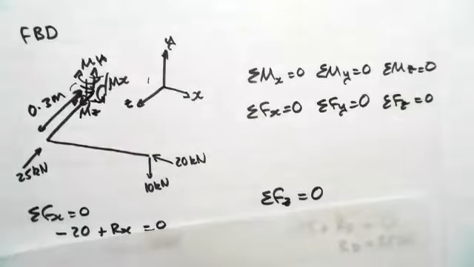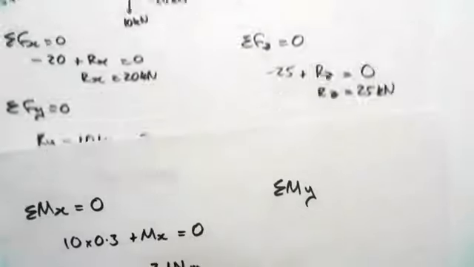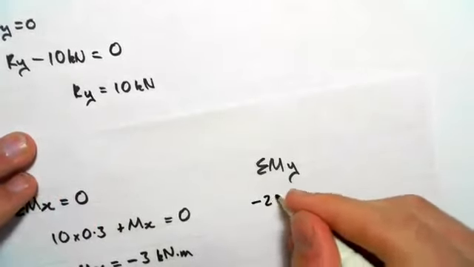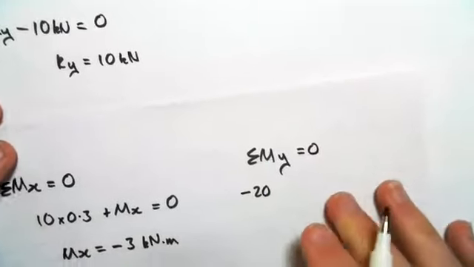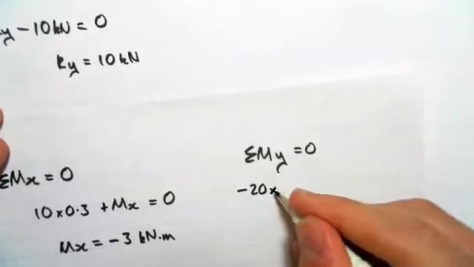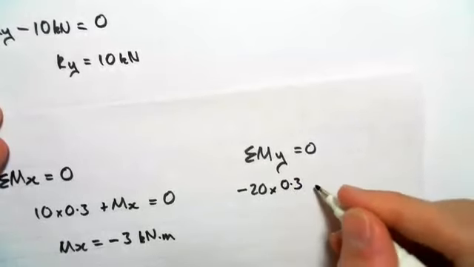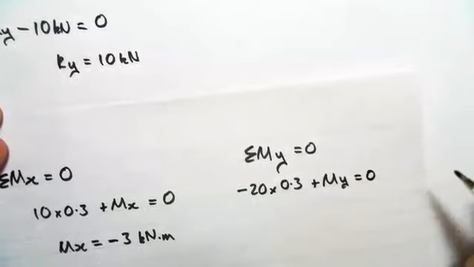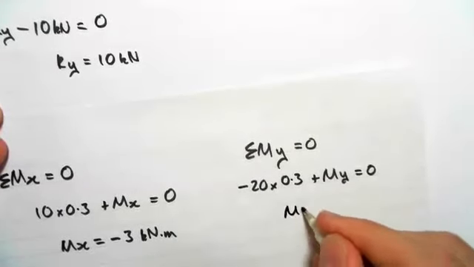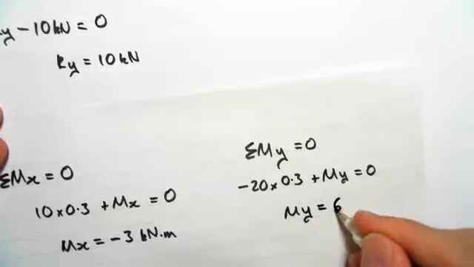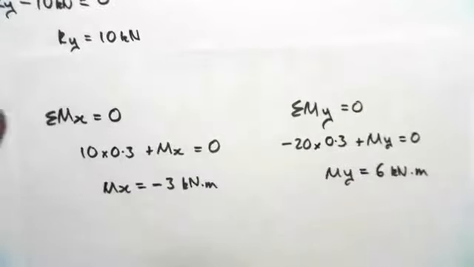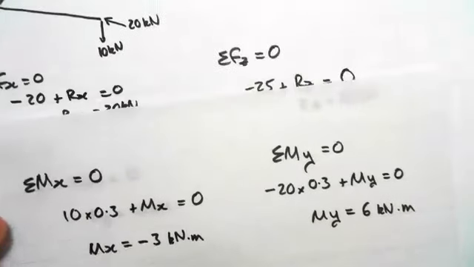So we have negative 20 times 0.3 plus My equals 0, so My equals 6 kilonewton meters. Okay, that's right.